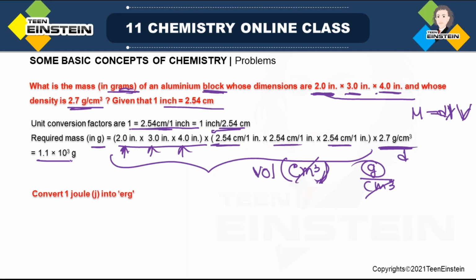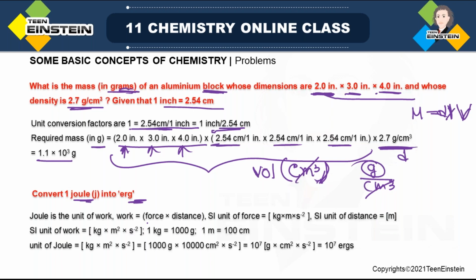Next problem is convert 1 joule into erg. So this is an energy unit, but this one is in terms of SI and this one is in terms of CGS. So for 1 joule, first you have to break it in terms of kg, meter and second, because it is a derived unit. So joule is the unit of work, and work is equal to force into distance.